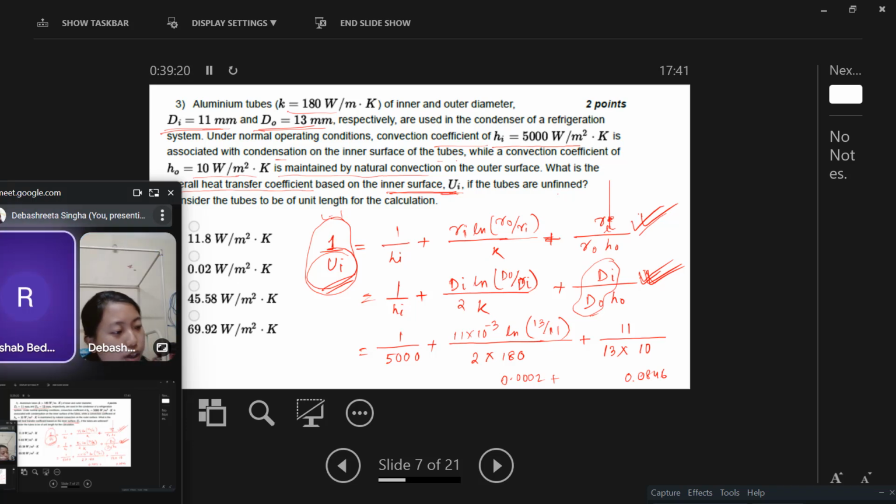So you have to find out Ui, just the one. Option A. Yeah.